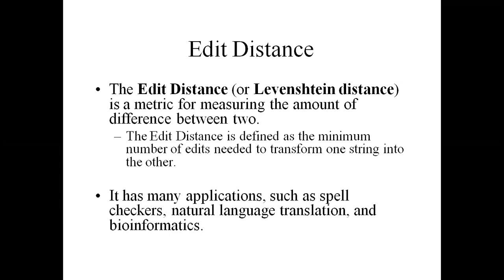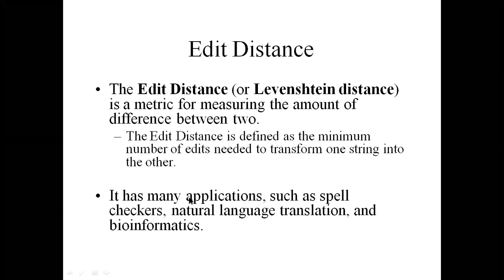So we want to measure the amount of difference. The edit distance is defined as the minimum number of edits needed to transform one string to another. Since we want to convert one string to another, the minimum number of operations needed is the edit distance.